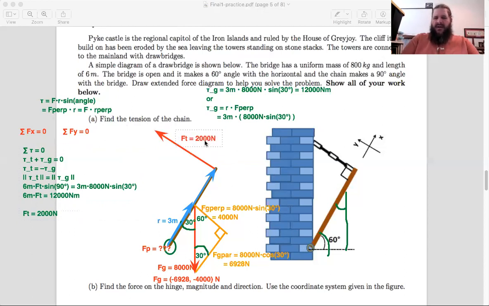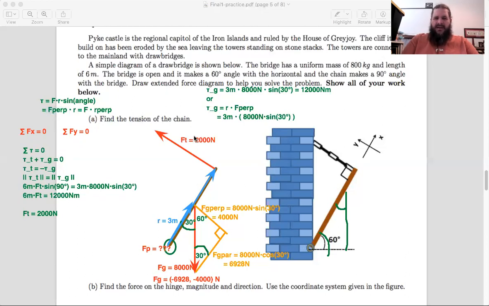Another important thing to note here, the chain is how far away from the pivot compared to gravity? What's the ratio of distances there? Yeah, the chain is twice as far away. How do the forces compare? It's a fourth as much in terms of the total force. But for torque, we should just be looking at the perpendicular component of the force, right?